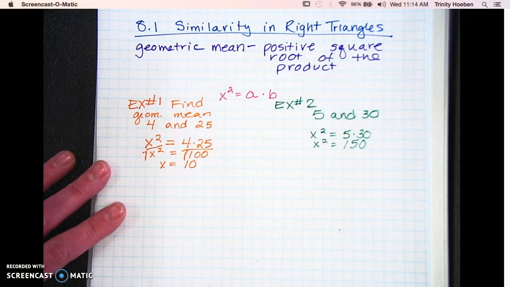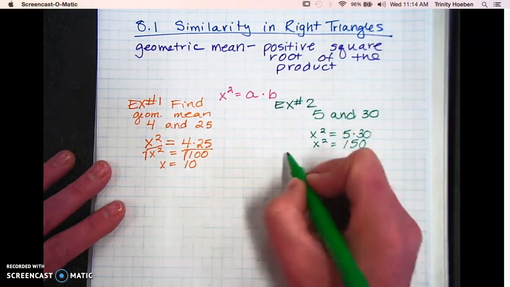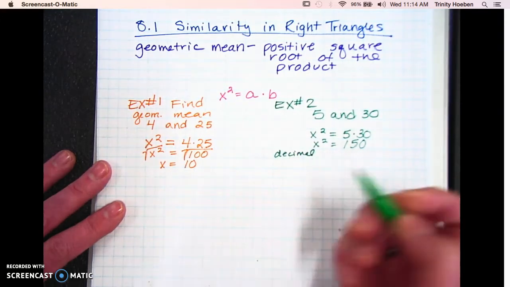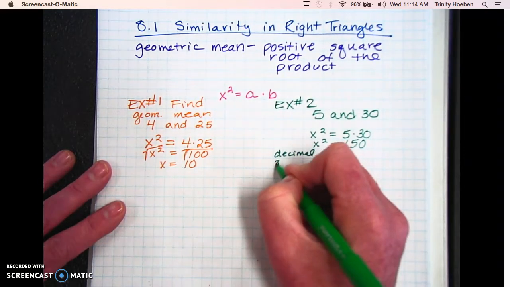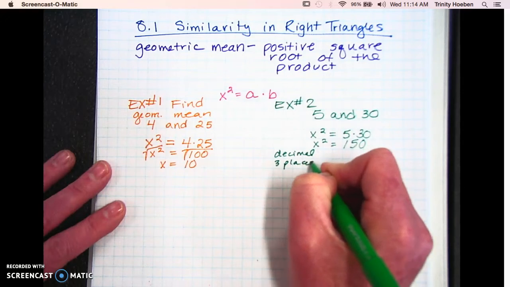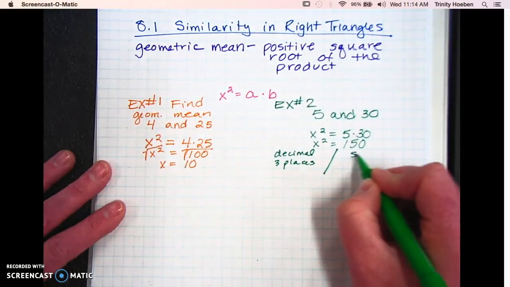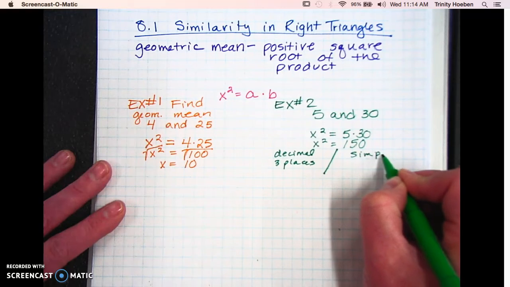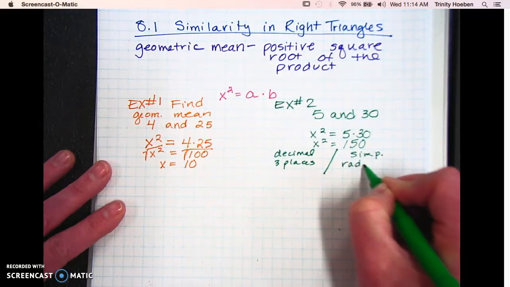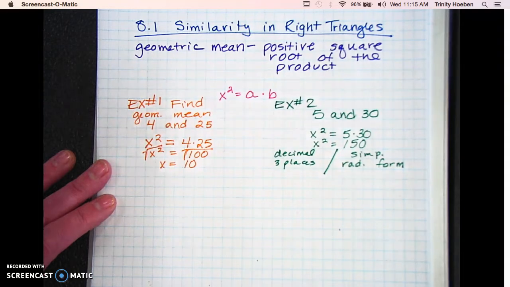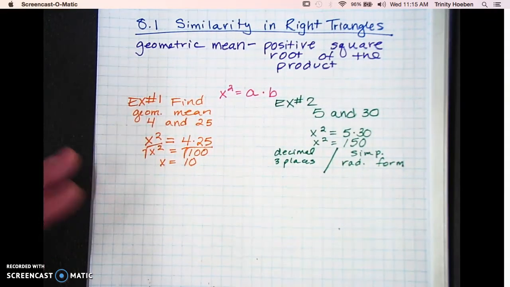And then there's 2 ways you're going to be asked to give the answer. Either they're going to tell you to give it as a decimal. So let's say they say 3 places. Or they might tell you to write your answer in what we call simplest radical form. Okay, so depending on the directions is going to depend on how you write your answer.